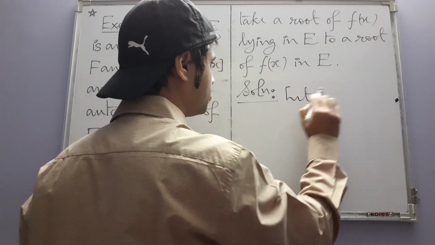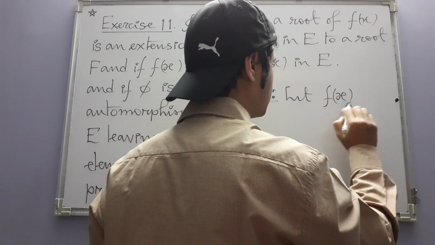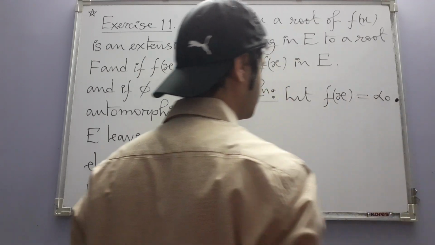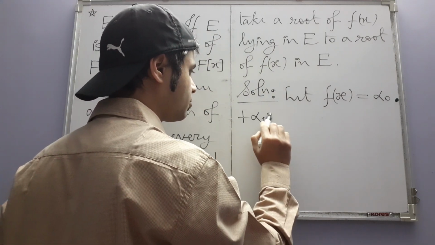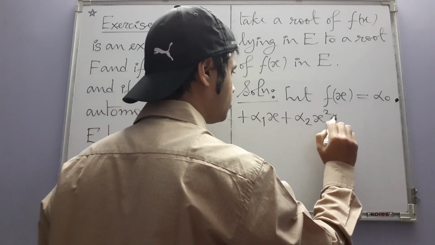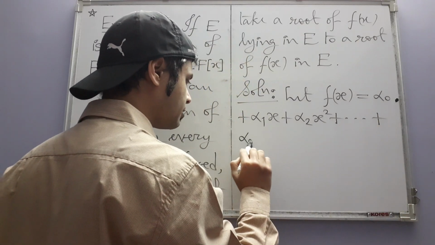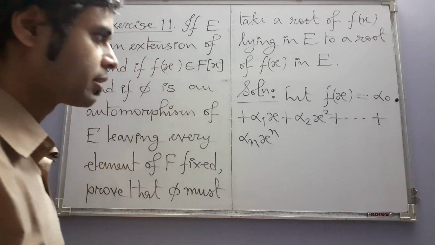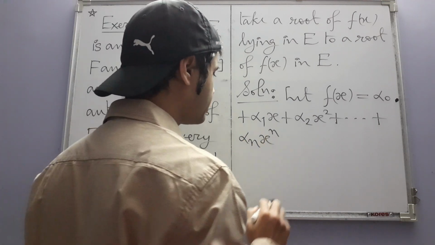So we assume the explicit expression of the polynomial, say it is alpha_0 plus alpha_1 x plus alpha_2 x squared, like that, alpha_n x to the power n, where the alpha_i are coming from the base field F and n is a non-negative integer.